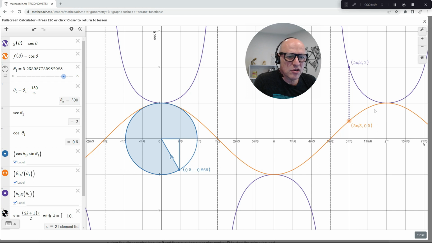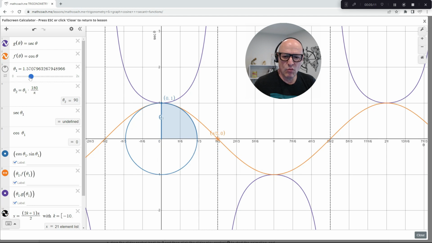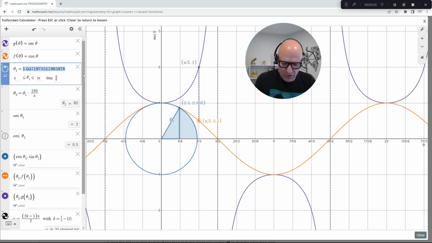So our cosine function is positive, our secant function is positive, and we get to the complete end of that cycle once around the circle at 360 degrees. Both of them are back to 1. Now, I just want to explore a little bit more on what's happening as it's approaching that pi over 2 value. So I'm just going to put in pi over 2.